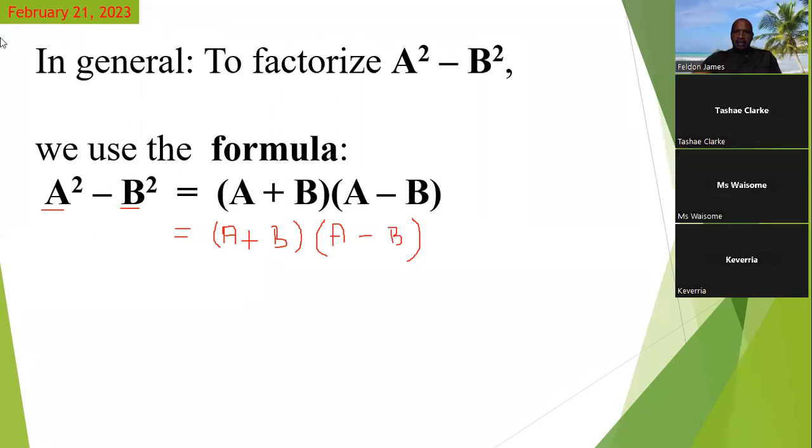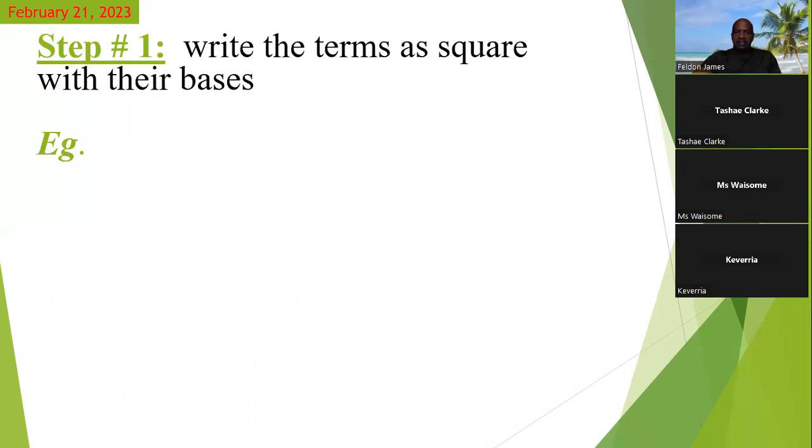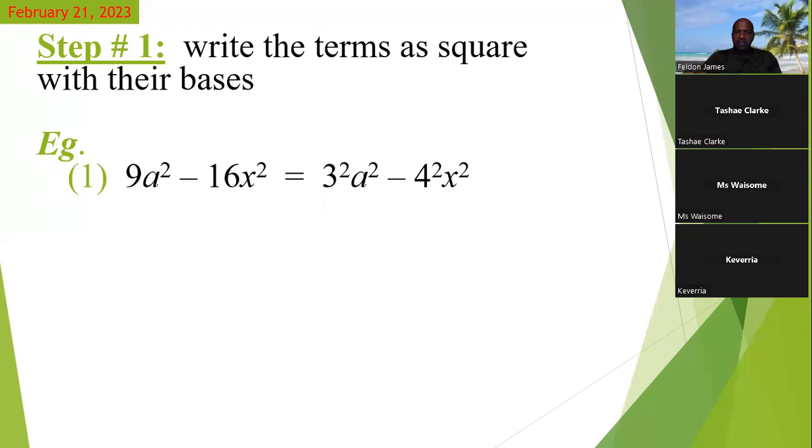All right, so let us see now if you are actually following what this is saying. This is a general formula, and the formula is written with A and B, that's capital A and B. But when you get an expression, you're not going to see A and B, but instead you will see values in either numeric or algebraic form, such as this.